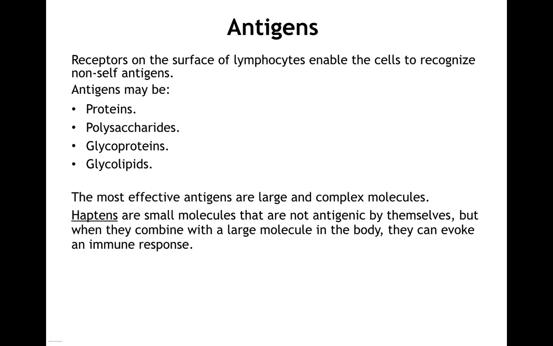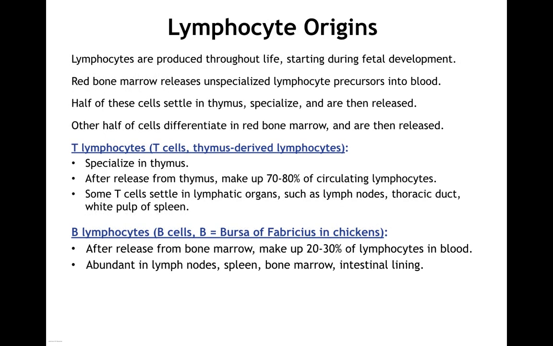The most effective antigens tend to be large, complex molecules, and there's variability in them. They are different from individual to individual. There are some antigens known as haptens, which are not antigenic by themselves, but when they combine with a larger molecule, they become antigenic and induce an immune response.